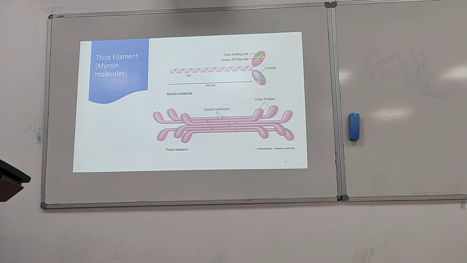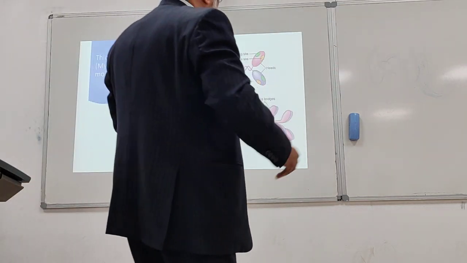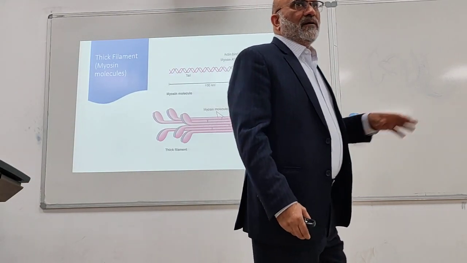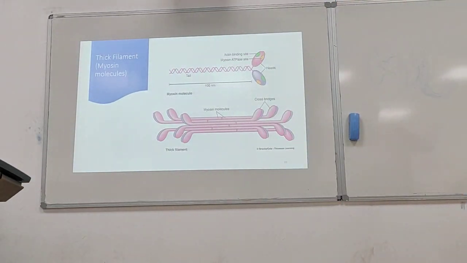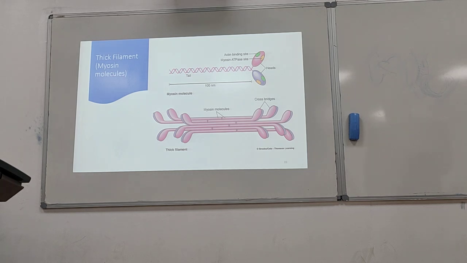We come to the thick filament first. Thick filament is myosin. Maybe someone out of you has seen the game which many people play, it is a game of old people, golf. Especially rich, old people. Otherwise what is in this game? Nothing.